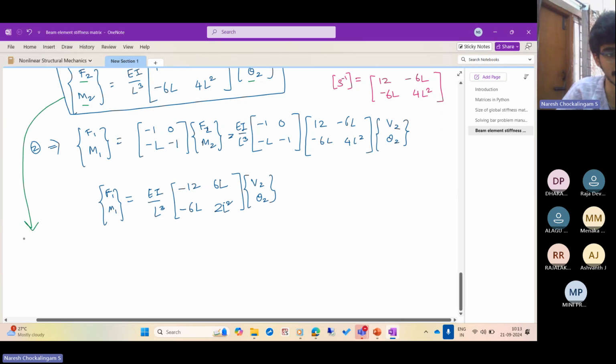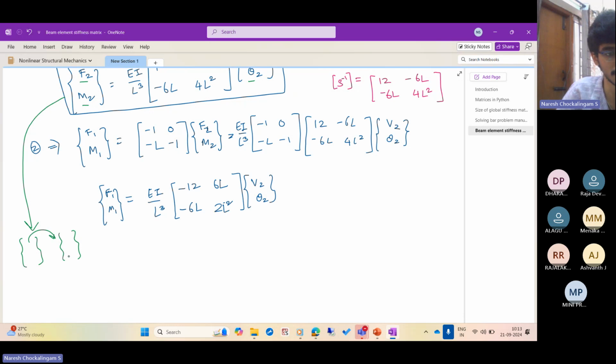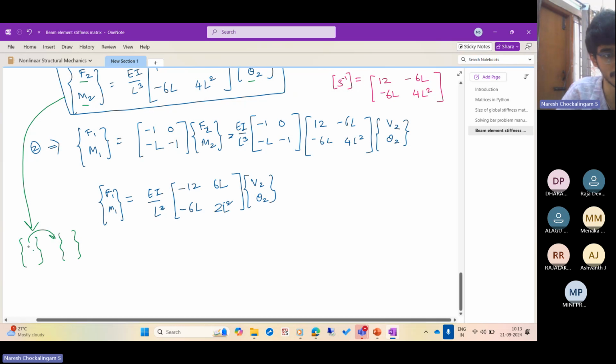It says you have a system of forces doing some work on another system of displacements, and the work done by this set of forces on this displacement, and this set of forces on this displacement, have to be equal.